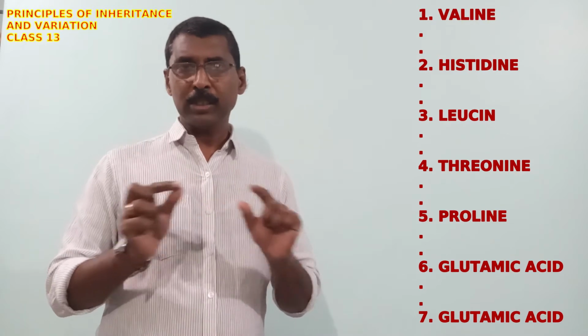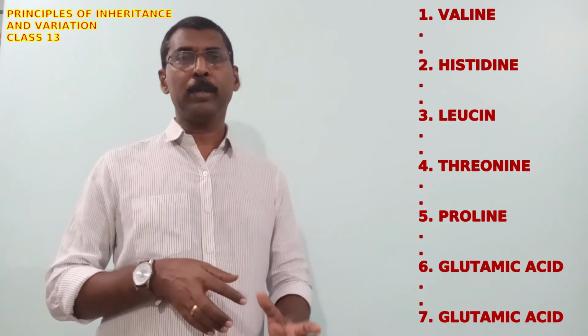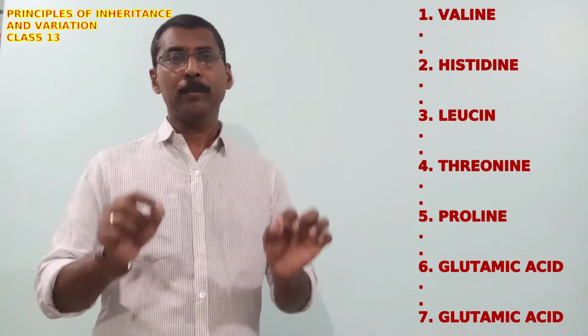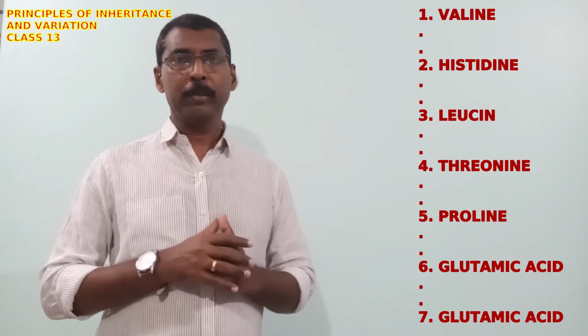So this is the amino acid sequence up to the 7th amino acid in the beta chain of a globin protein in hemoglobin.